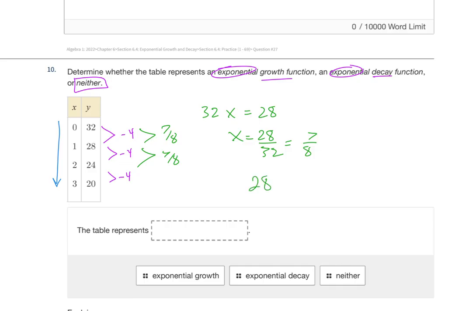Well, let's see, 28 times 7/8. We can divide that by 4 to get 2, divide that by 4 to get 7. Well, we would get 49 over 2, which, by the way, is 24.5. So this one is neither. And it's because if this had been 7/8, we could have been onto something. It could have been like, wow, this actually could be minus 4 and times 7/8, which would be really kind of wild. So anyway, neither.